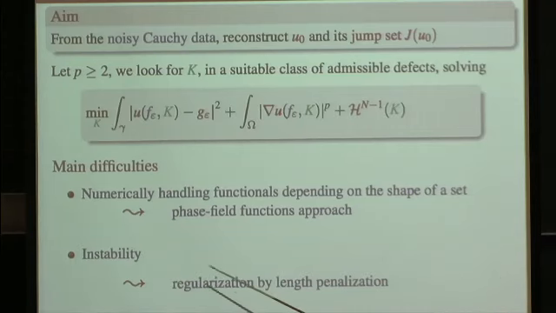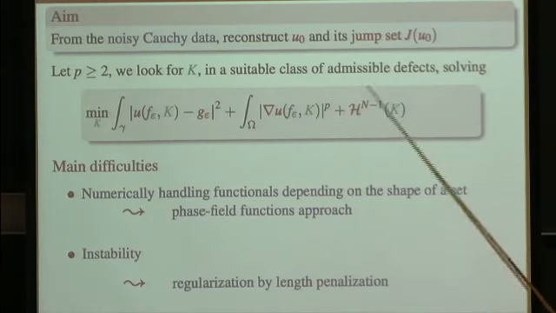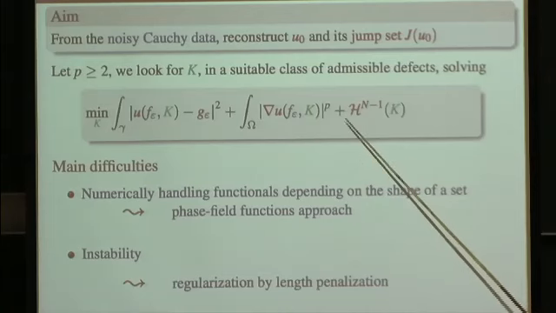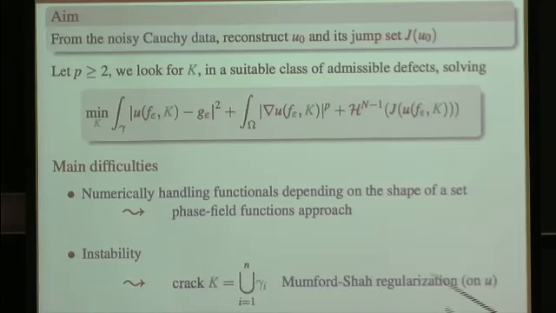And the other is the instability. And you need to regularize this process. And the idea is to use one kind of minimal regularization, which is to use length penalization. So essentially, you penalize the length of a defect here, plus this other term, which I'm going to explain exactly now.